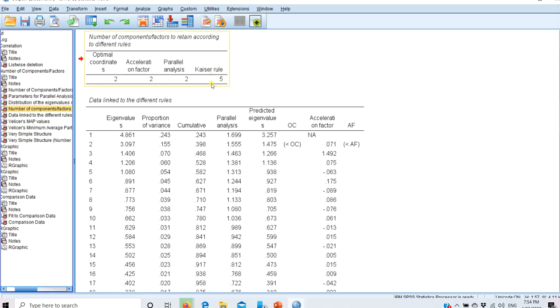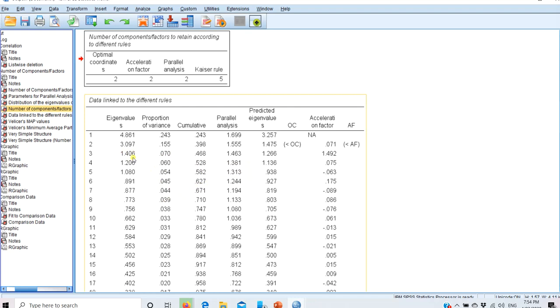And this is the Kaiser rule, meaning the latent root method or eigenvalues greater than 1. So there are 5 factors whose eigenvalues are either 1 or higher. The sixth one is less than 1. So the Kaiser rule is suggesting to retain 5 factors. Now come to parallel analysis. What does parallel analysis say? If the eigenvalue of the parallel analysis is higher than the actual, then you will not retain.